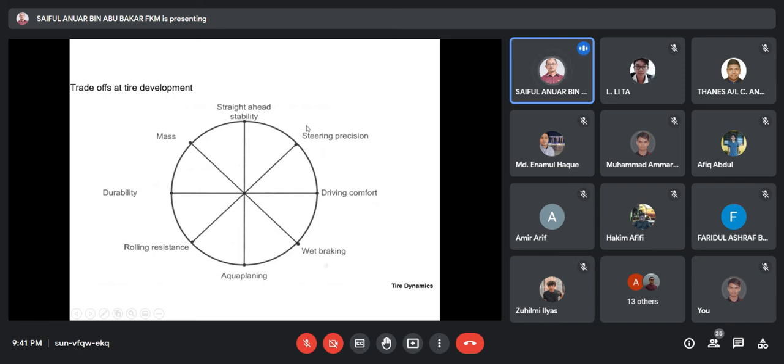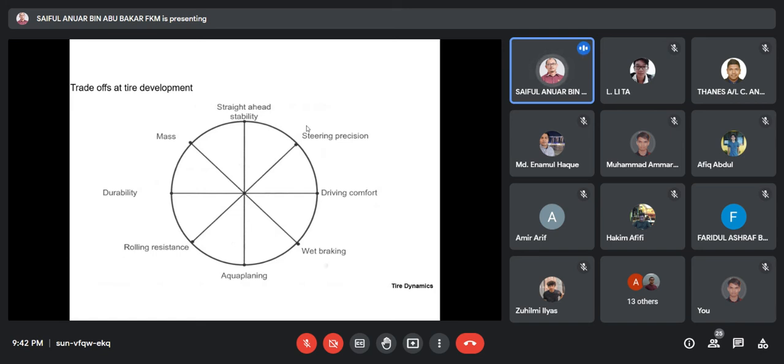We're going to have the tire that assists our car to go in any direction that you want, which means we try to reduce the lateral speed of the car, and then also provide driving comfort, meaning that there's going to be less noise in terms of vibration and harshness.